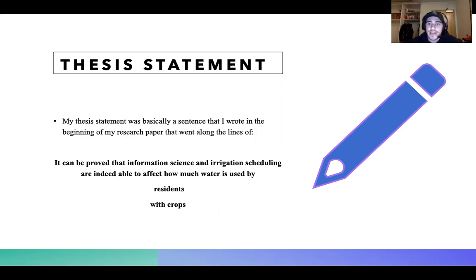My thesis statement was practically just a sentence that I wrote in the beginning of my research paper that went along the lines of, it can be proved that information science and irrigation scheduling are indeed able to affect how much water residents with crops would need to use.